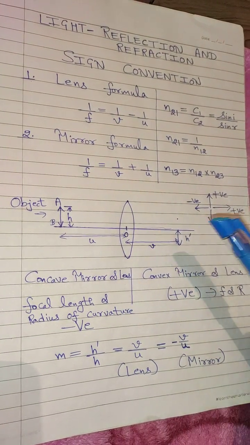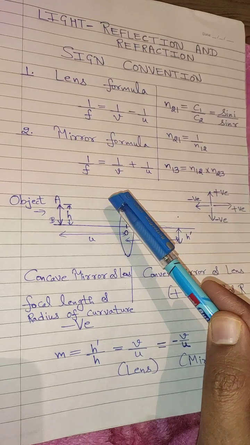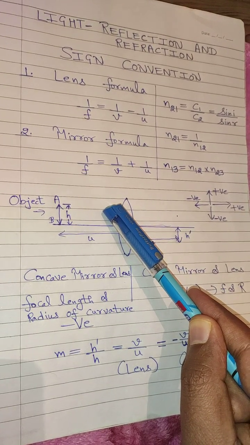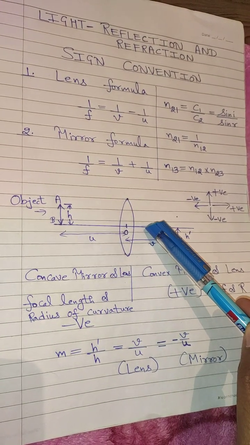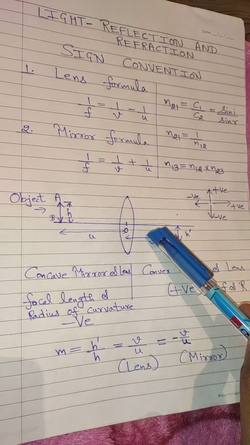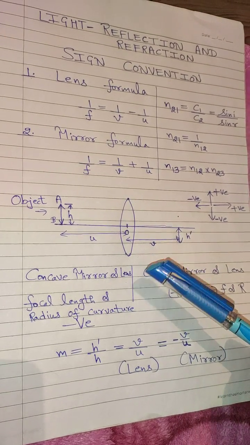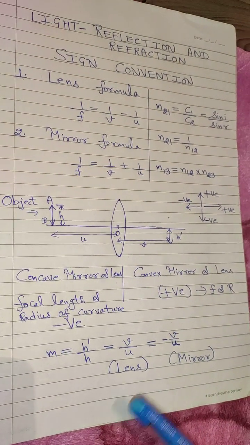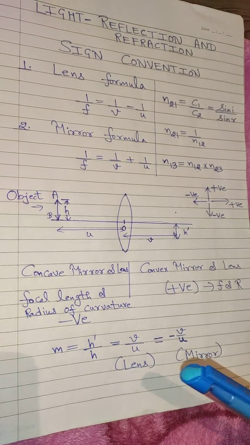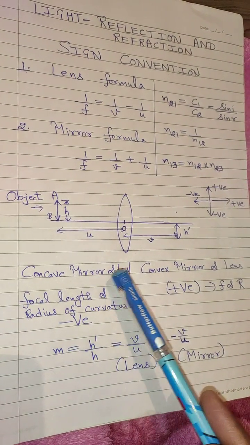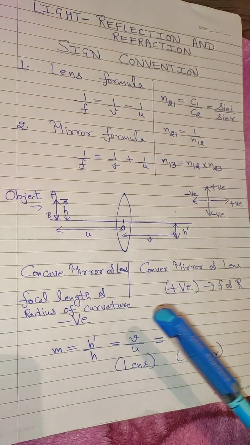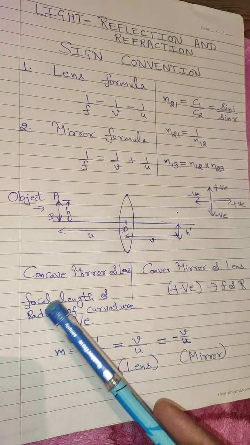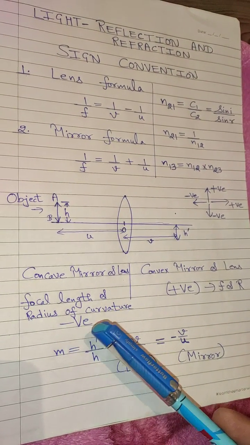The values above the principal axis will be counted as positive, and the values below the principal axis will be counted as negative. And with this we have the concave mirror and lens case, in which we take the focal length and radius of curvature as negative.